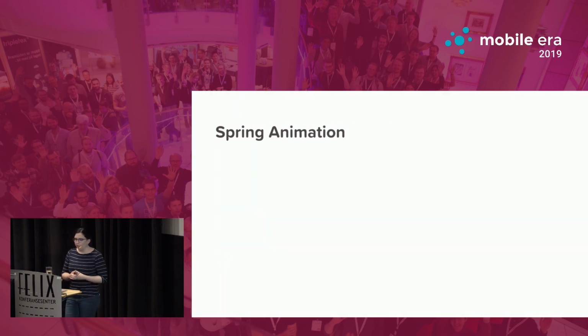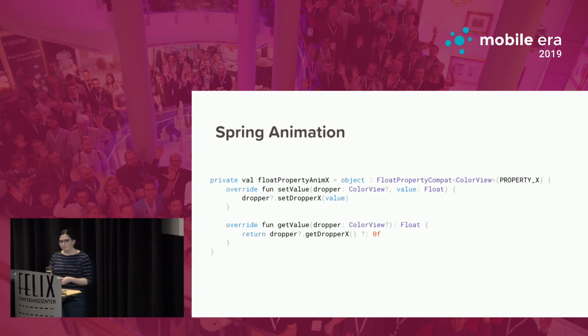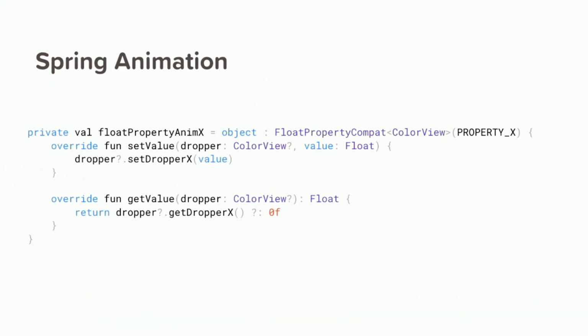So how do you use a spring animation, or how was that one done particularly? Well, you need to use these float property compat classes from Android, and basically you specify what must happen when a set value is called and what must happen when a get value is called. The underlying spring animation will use these two getters and setters to actually perform the animation.